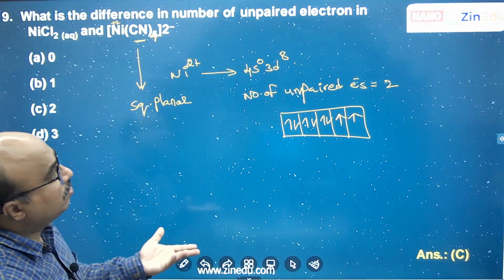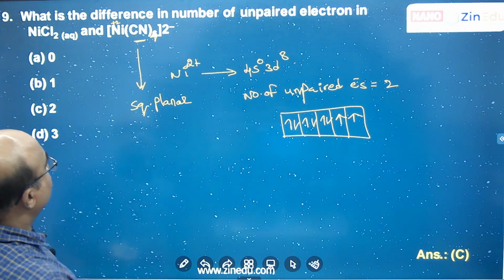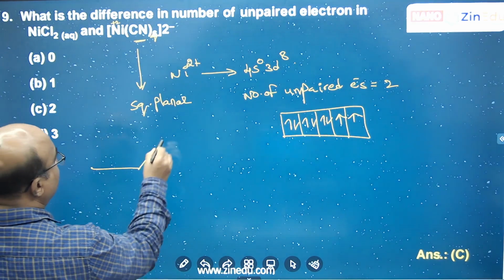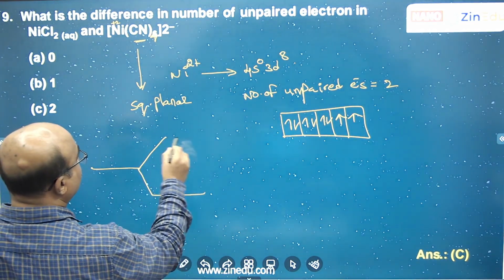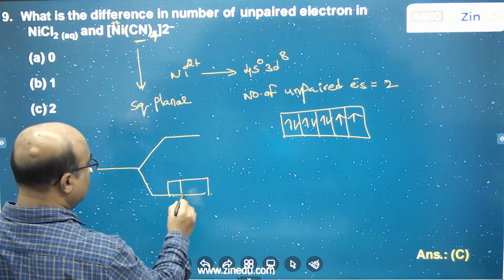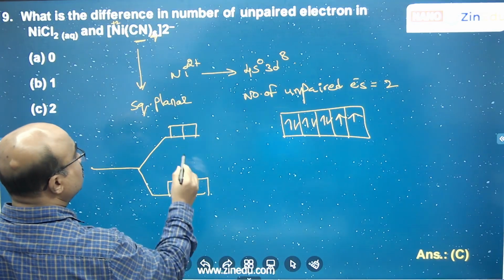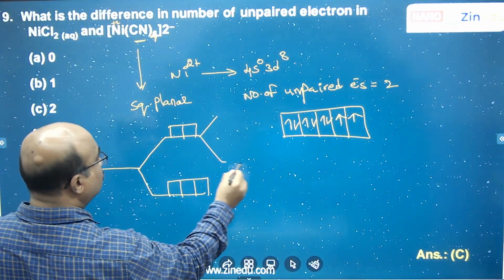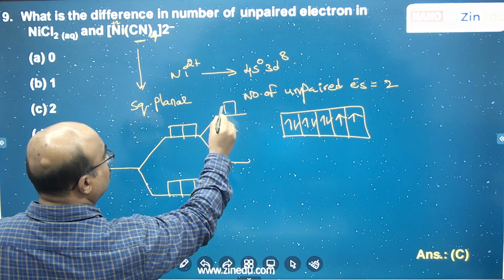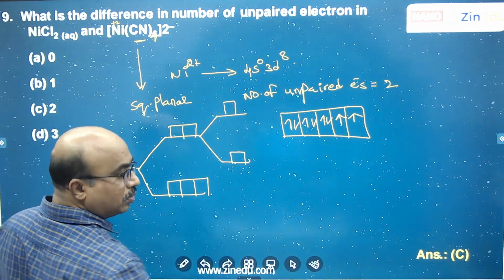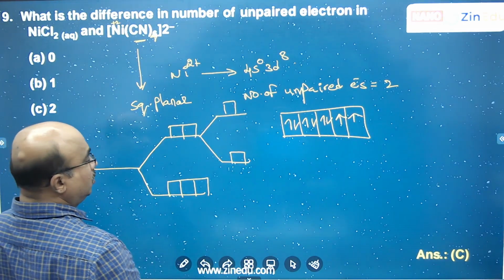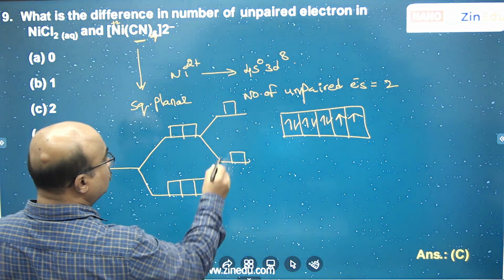So we have totally now only d orbitals, first initially splitting as T2g and Eg, then Eg orbital further splits, clear? Then this one again splits.